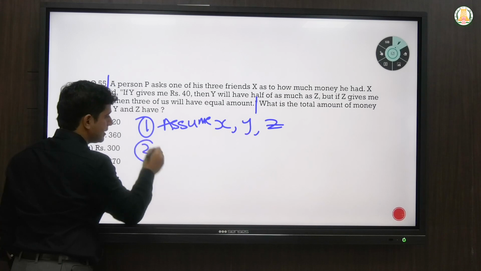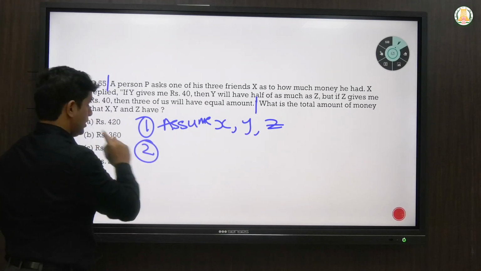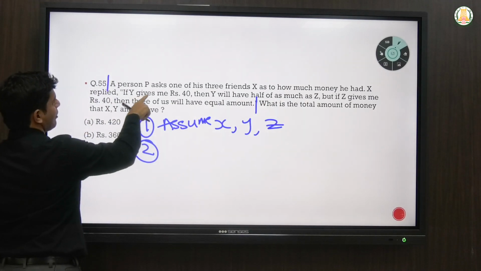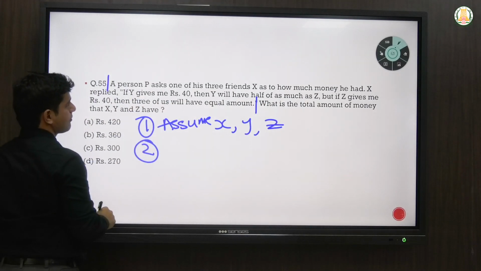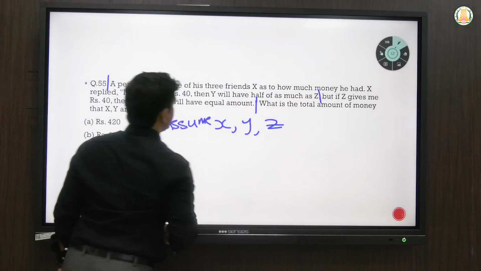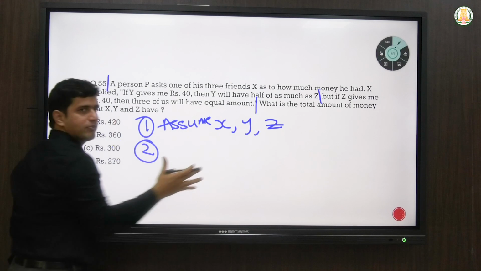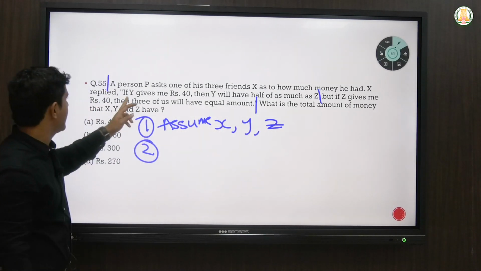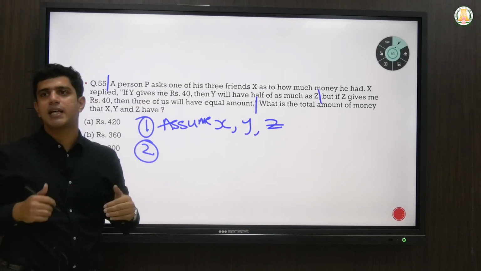Second step, I'll find the relations. Now the relations are given. He's saying X replied, if Y gives me rupees 40, then Y will have half as much as Z. So this is, let's say, the initial amount of money they had in their hands. This we have to find out. But now what is he saying, if Y gives me 40, then how much will X have now?